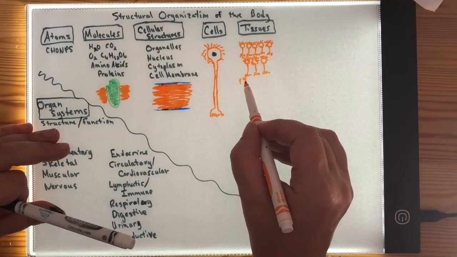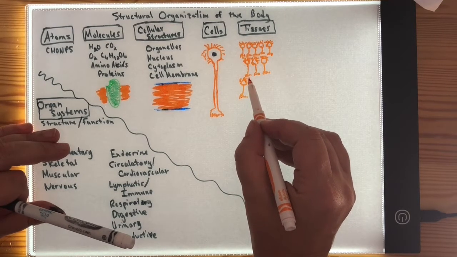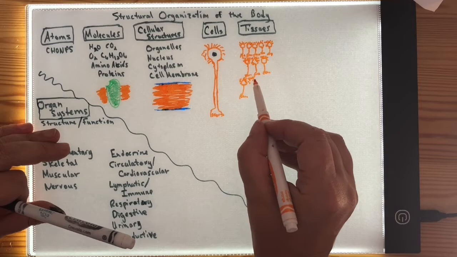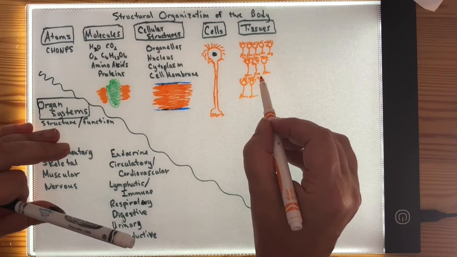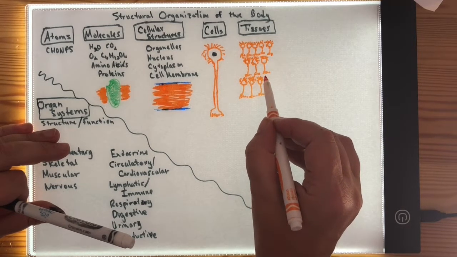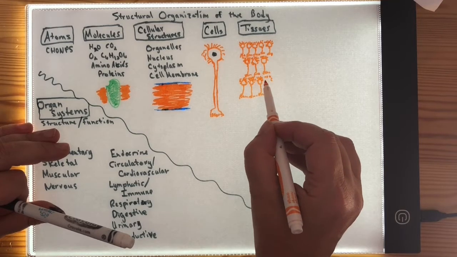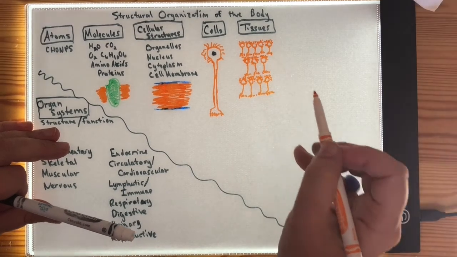The smallest cells in our body are probably around 5 micrometers in diameter. But they can be very long as well. They can actually be like 3 feet long if you're talking about one of these axons extending down the length of your leg, for example. But for the most part, cells are thought of as microscopic structures.